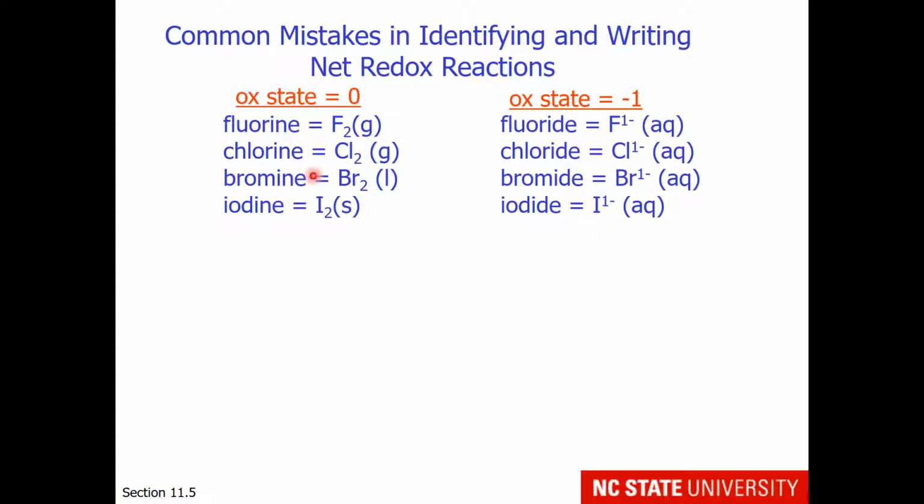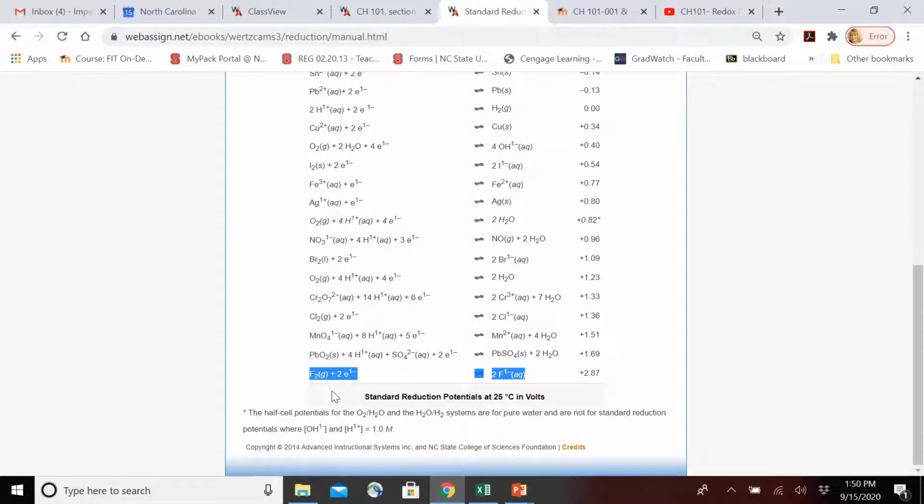The enes are the elemental materials. Why does that make a difference? Well, notice that fluorine is a very good oxidizing agent, and fluoride is an extremely poor reducing agent. So knowing if you have fluorine or fluoride is going to make a difference in your answer.